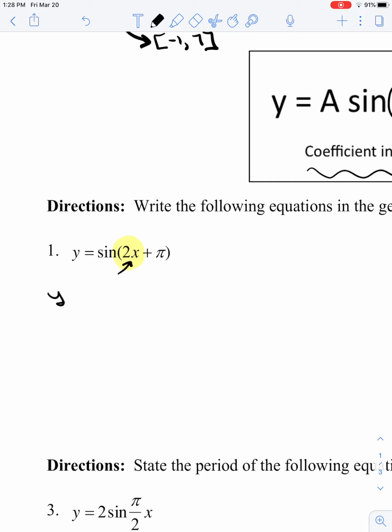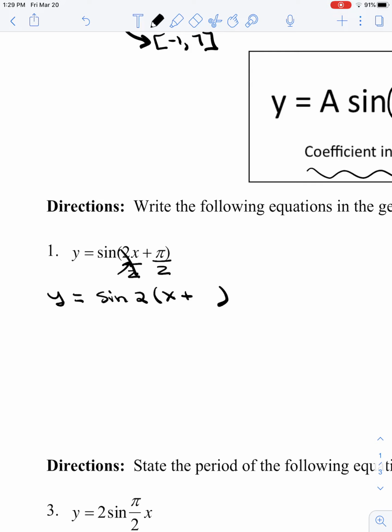So I'm going to rewrite my equation as y equals sine 2 parenthesis x plus something. Now I have to figure out what that something is going to be to make my equation equivalent. So if I factored out the 2, what that really means is that I'm going to divide each of the inside pieces. Let me just erase my arrow here so I have a little more space. I'm going to divide each of my inside pieces by 2. So I'm going to divide the 2x by 2, and I'm going to divide the pi by 2.